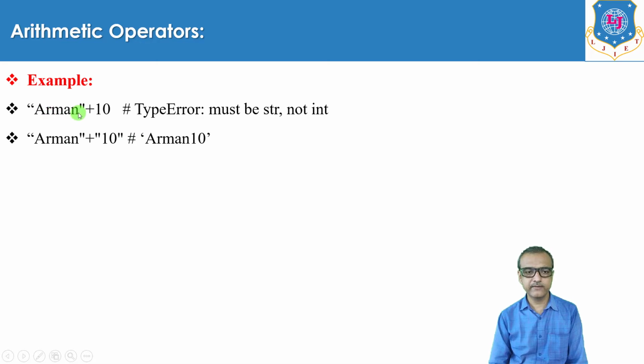See, here Arman is a string because I have written Arman in double quotes plus 10. So it will give us type error. And what is that? That must be str not int. This value should be string only. Then after Arman plus 10. See, here both are string. So the plus operator will add these two string and will give us the output as Arman 10.